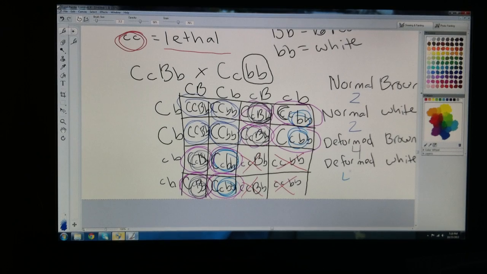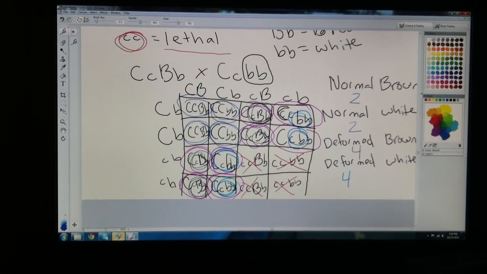So there are my 4. So my overall ratio would be a 2 to 2 to 4 to 1. And I can reduce that down to 1 to 1 to 2 to 2. So that is my overall answer.